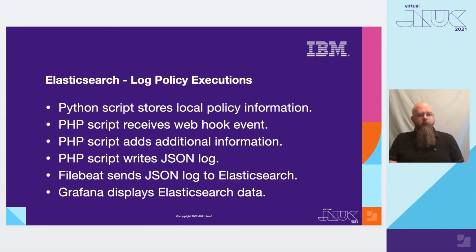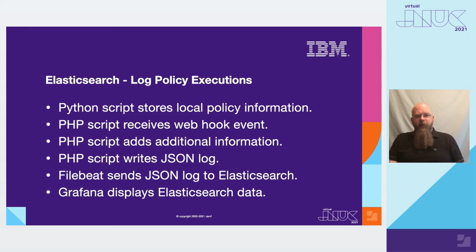Every 30 minutes, a Python script runs that makes a single API call back to the Jamf Pro API and stores policy information for us in XML files. When a webhook is received, the PHP file accesses the locally stored policy information and adds additional key pairs to the JSON that it writes to the logs that are then fed to Elasticsearch using the FileBeat log monitor.